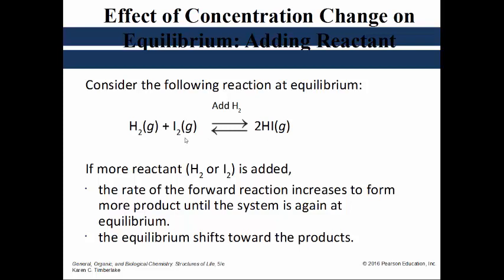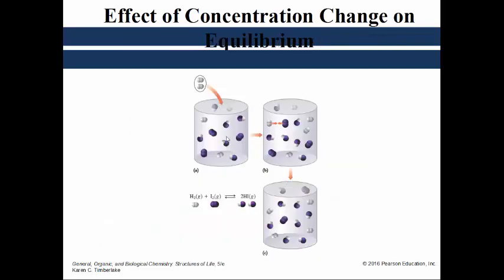So if you add any reactant, if you add more hydrogen here, that will force the reaction rate toward the products. If you add more iodine gas, that will force this rate of reaction toward the products. The forward reaction gets increased, driving the reaction toward the product. This graphic is just an illustration of that last equation, hydrogen plus iodine gas to HI.